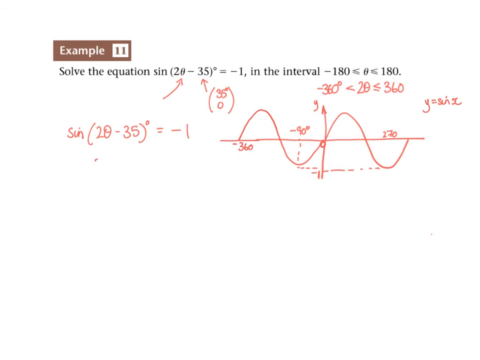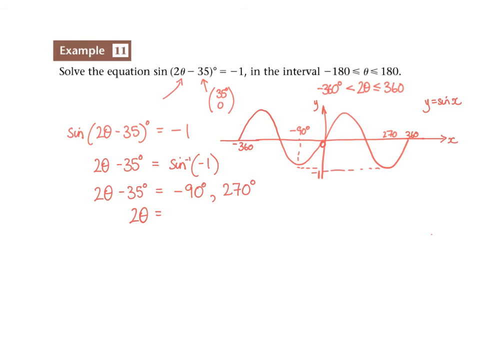So 2 theta minus 35 degrees is the inverse sine of minus 1. And we can see from the graph there's two values that feed back to this, with this going from minus 360 to plus 360. That's our x-axis. So that would give us two values of minus 90 degrees and 270 degrees. And then we would just solve that for theta.